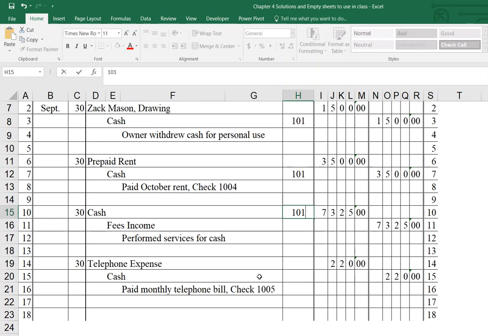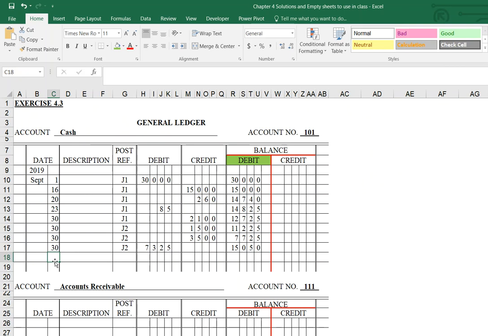And then last transaction is our telephone expense. Also on the 30th, we paid $220 out for our telephone bill. So 30, J2, paid out, subtract 14,830.